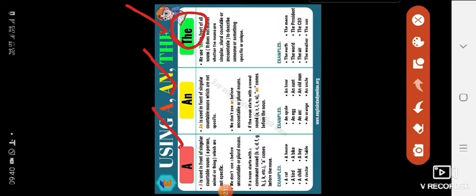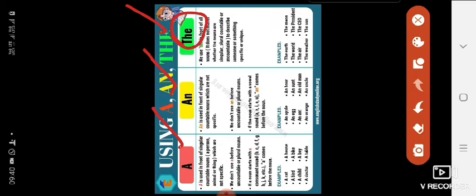Indefinite articles are used where nouns are not mentioned in a definite sense.